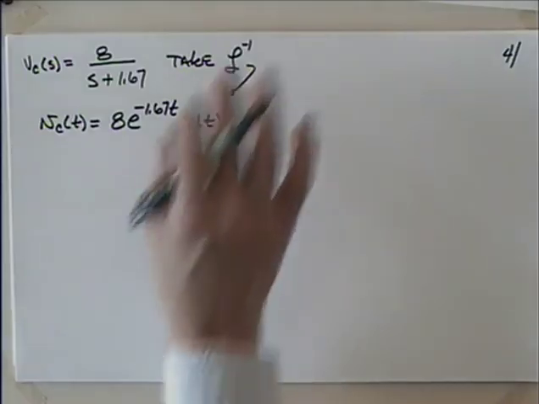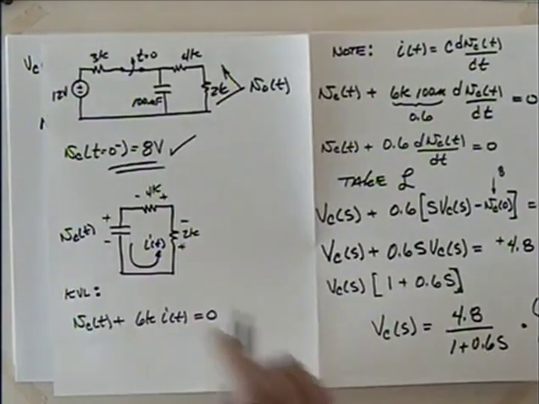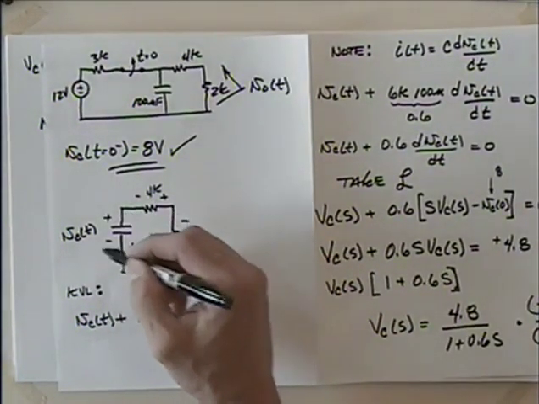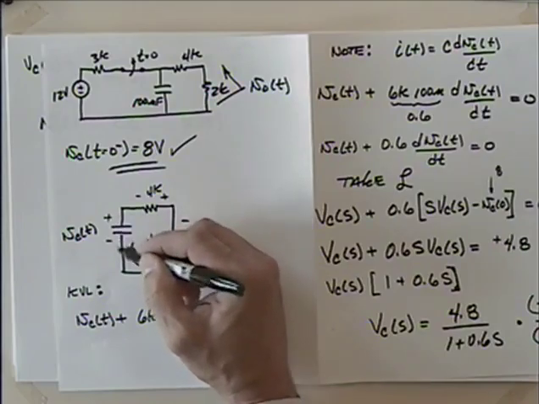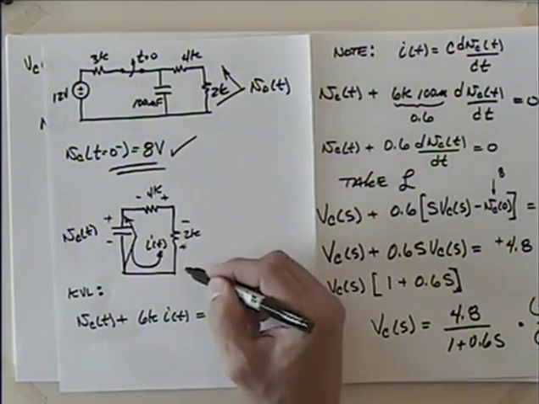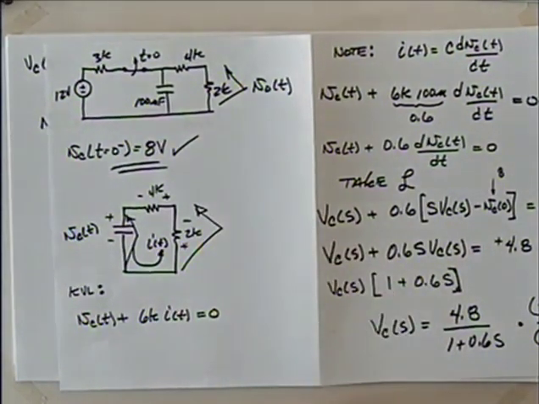Now I don't think we were looking for v sub c. We found v sub c here. But if I found this as v sub c across here, could I get this? Should be by simple voltage division, right?